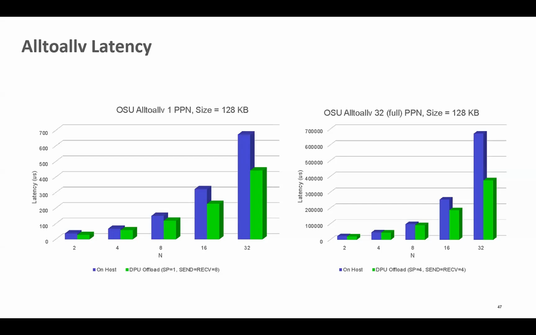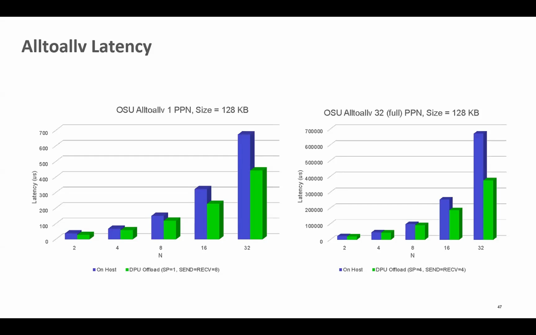So on the left-hand side, you have the latency, and on the right-hand side, you also have the latency, but at a different scale. On the left-hand side, you have 1 PPN, which means 1 MPI process per node. The message size is medium, 128K. As you can see, the blue is the host only, so what we all know traditionally, where you run your collective from the host.